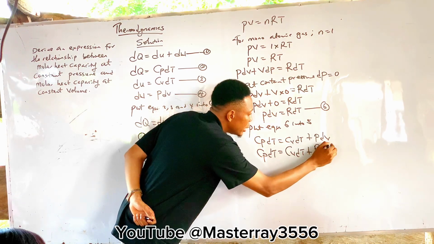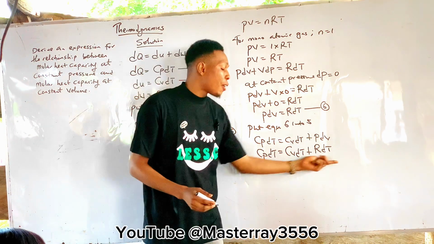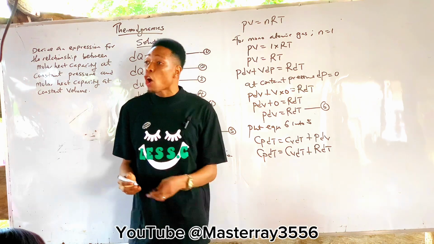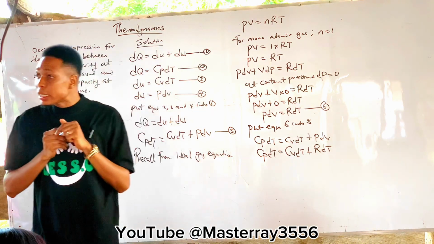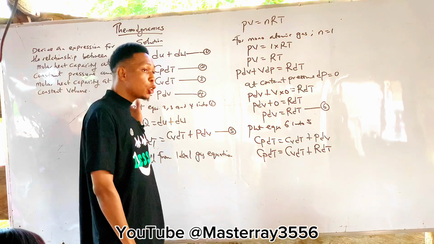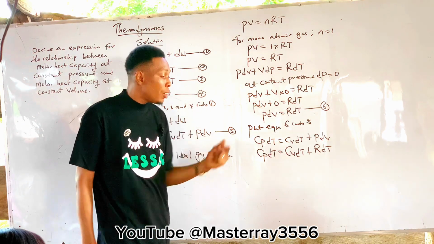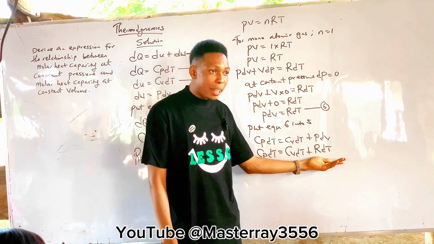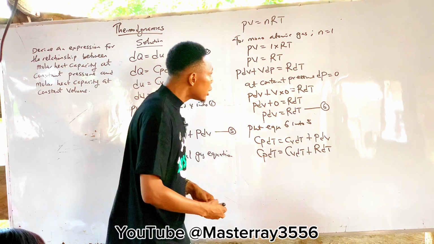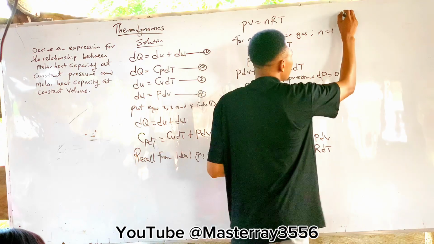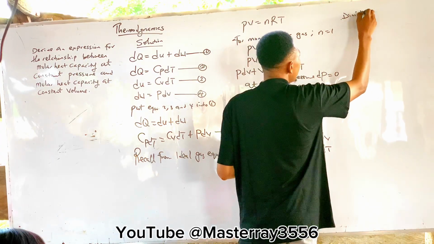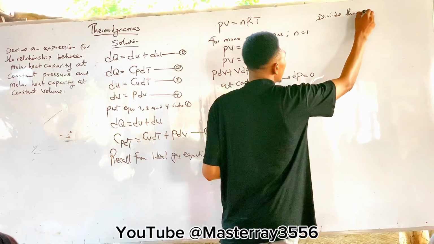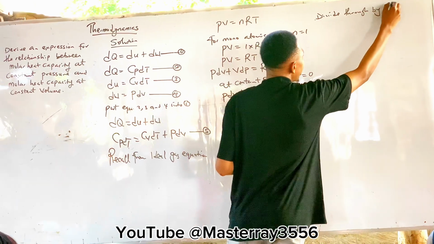Now what can you observe from here? You observe that dT is common, right? So what you do, you divide through by dT. If you don't want to divide through by dT, you can factor out dT. Are you getting me? Now you divide through by dT.